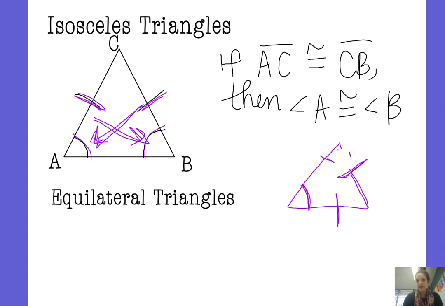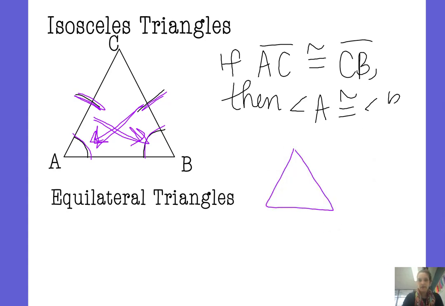That picture turned out terribly. If I had told you these sides were congruent, then it would be these angles that were congruent. If it had been these sides that were congruent, it would be these angles that were congruent. Whichever sides are congruent, it's the base angles, the ones that are opposite from that side.